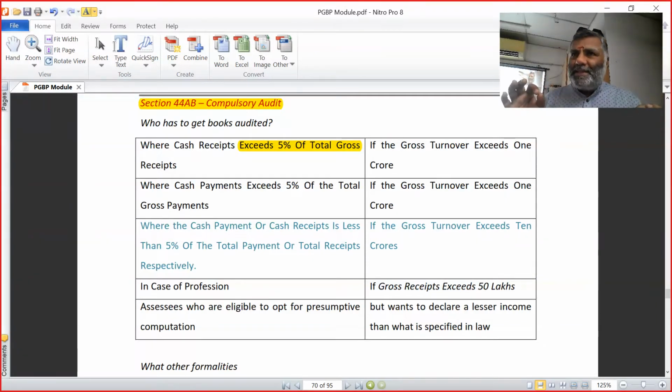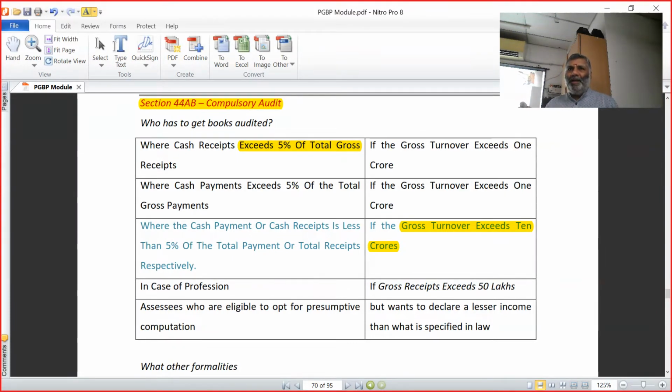If 95% of your business is transacted through banking channels, and when I say business transacted, I mean both income and expenditure, then audit is mandatory only if your gross turnover exceeds 10 crores.